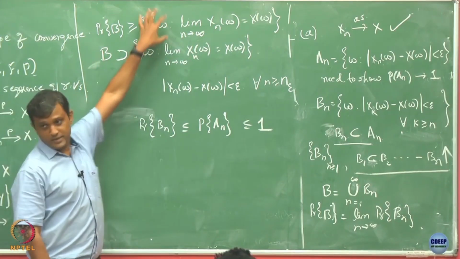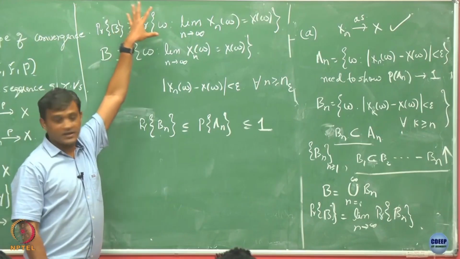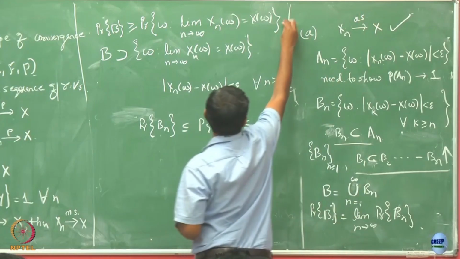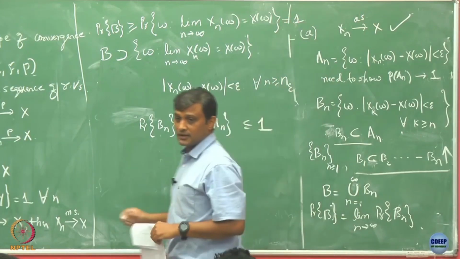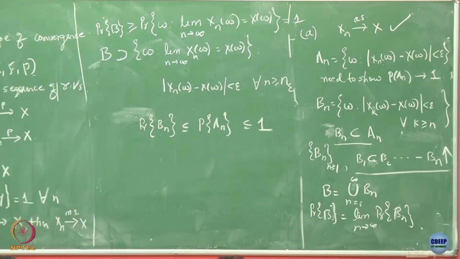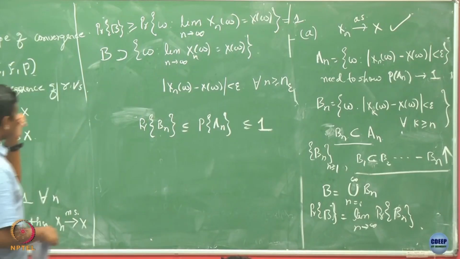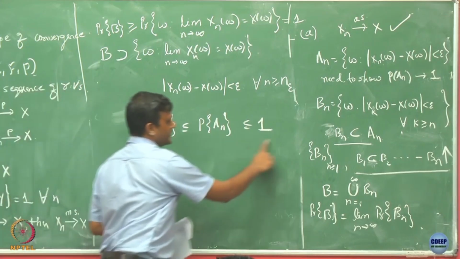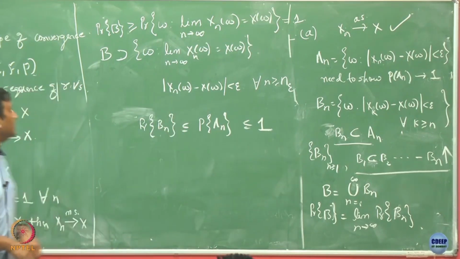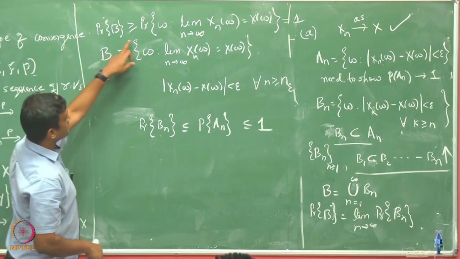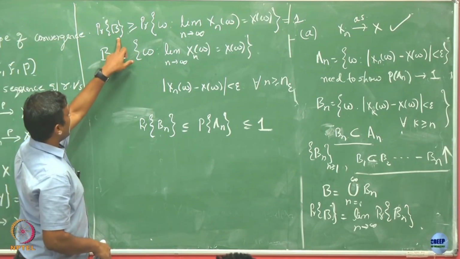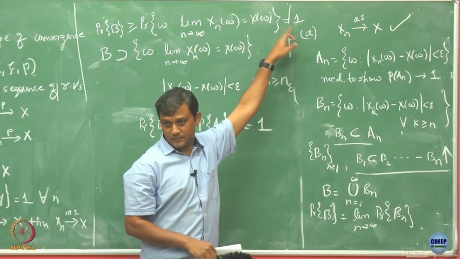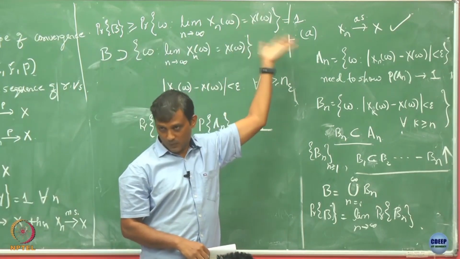It must be the case that this probability is less than this, but by my hypothesis this quantity is going to be 1, because that is the definition of almost sure convergence. So the probability of B is lower bounded by 1, that means probability of B is 1, it has to be 1.